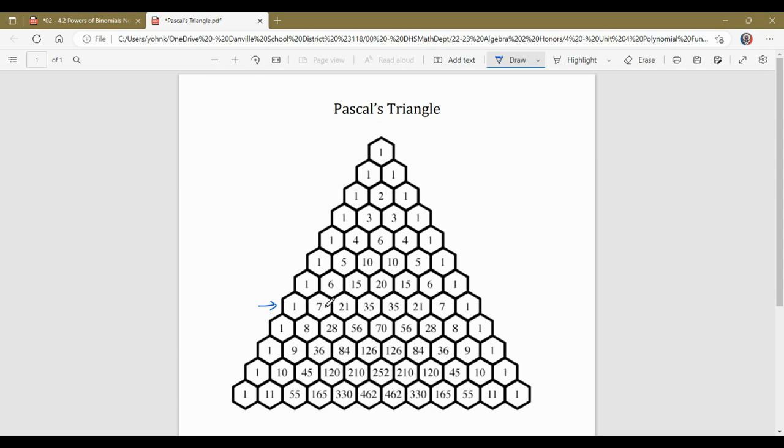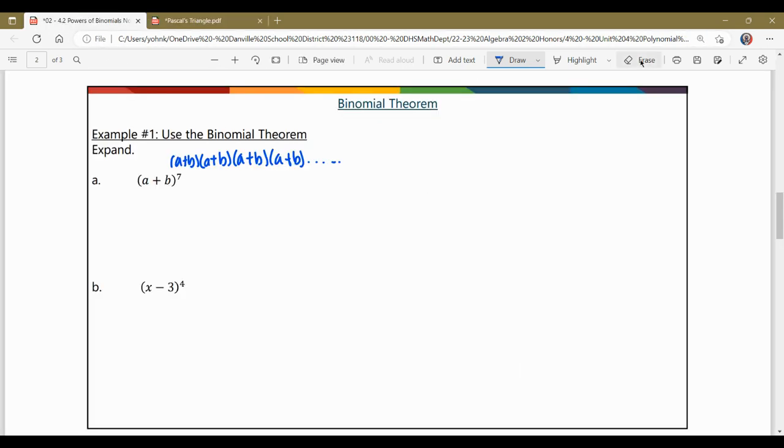So the numbers 1, 7, 21, 35, 35, 21, 7, 1. Those are going to be my coefficients. So I'm going to go over here. Let's erase this craziness. Let's go right here and we're going to write 1, 7, 21, 35, 35, 21, 7, 1.